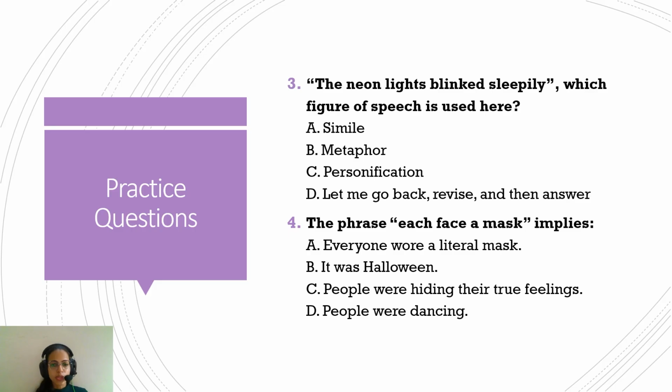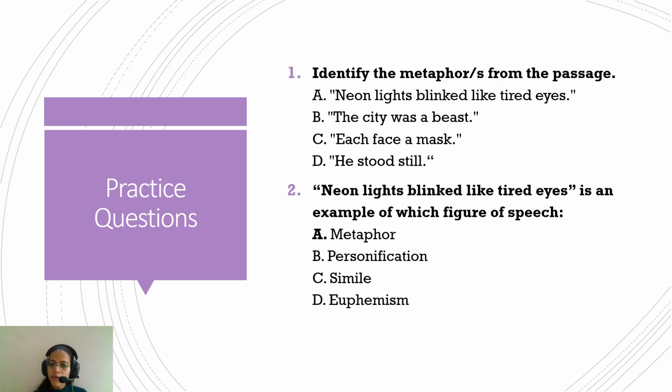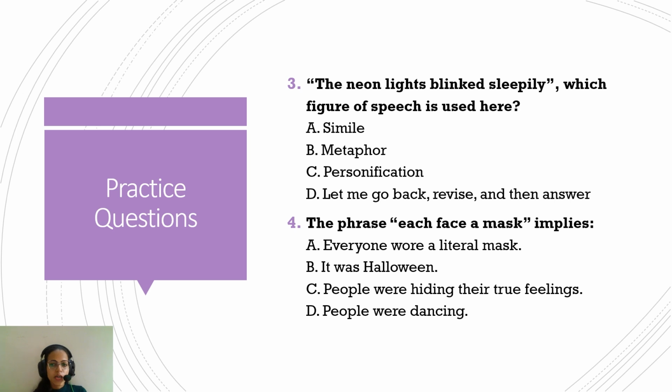That's blinking sleepily, giving that person-like quality to the neon lights. If it is done directly like this, then it becomes personification. But when an indirect comparison is made using "like," that the lights blinked like tired eyes, then it's a simile. Direct comparison with a human by giving human-like qualities is personification.